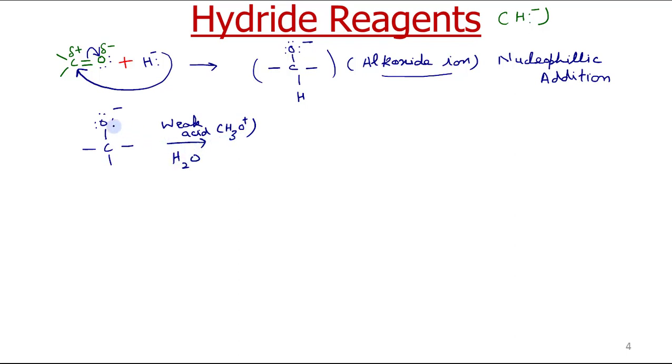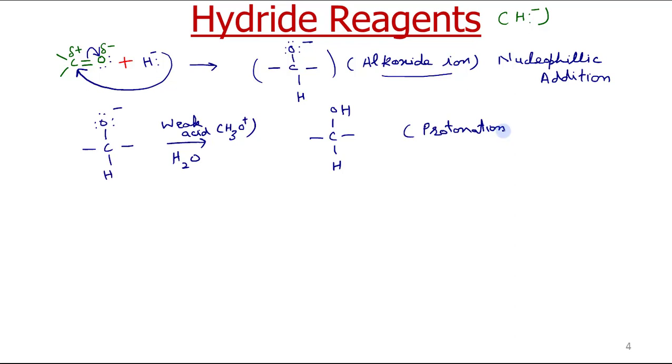So this abstracts a proton. This step is called protonation. If we do protonation, we will get C, H, we have added one H, OH. This O negative will be protonated. Protonated means addition of a proton.